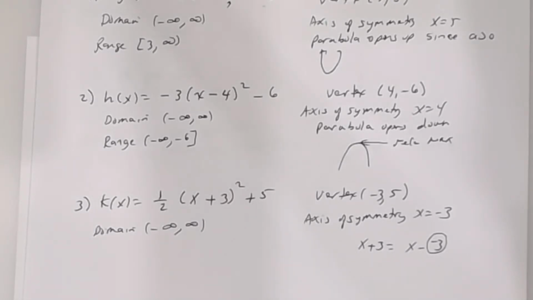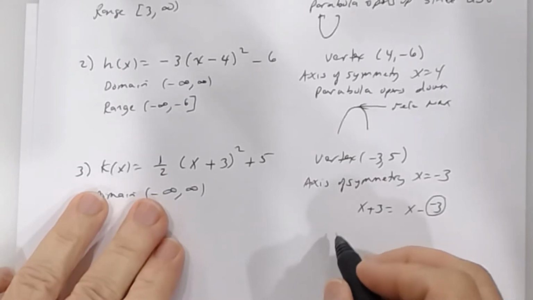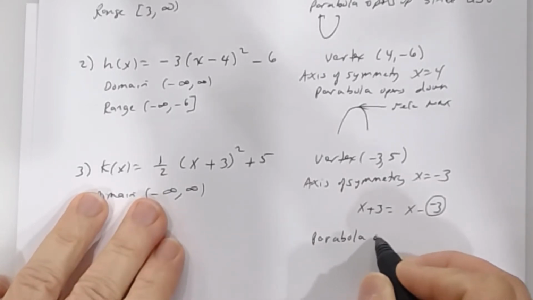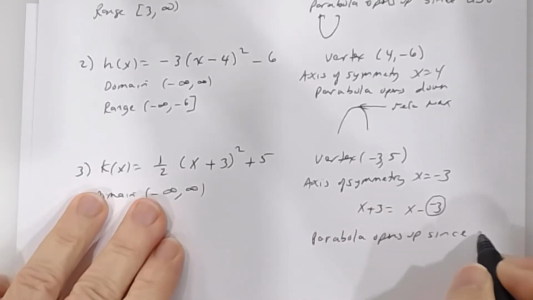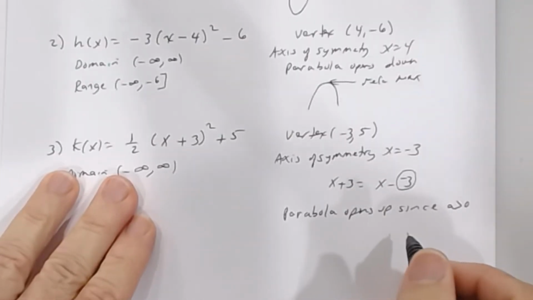All right. And then final number 3. Does the parabola open up or down? Opens up. Parabola opens up. Since A is positive. A greater than 0 means A is positive.